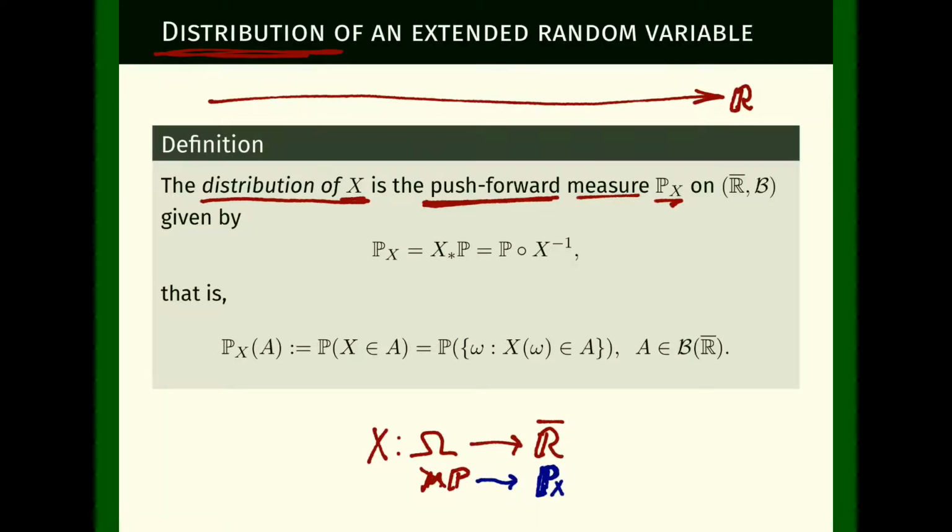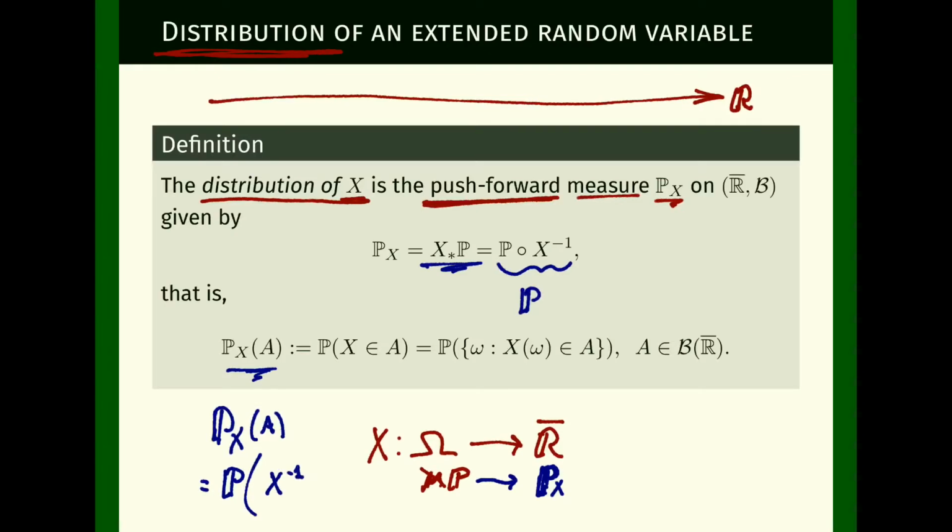And this, using previous notation from the first video lecture of this chapter, will be X star P. This is the push forward, and this is a notation which is more related to how you actually compute these probabilities. This will be just saying P_X of A equals P of X minus 1 of A.